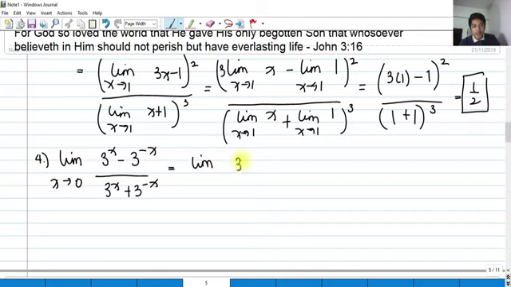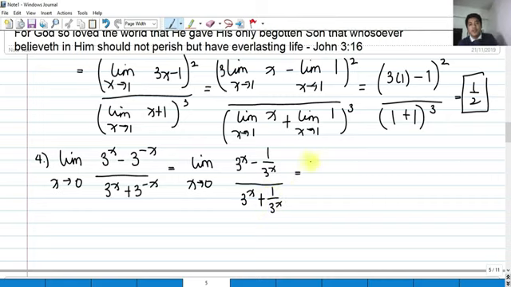The limit of 3 to the x minus, I can bring this down by negating the exponent and getting the reciprocal, so we have 1 over 3 to the x, by properties of exponents. As x approaches 0, we have 3 raised to x minus 1 over 3 raised to x.